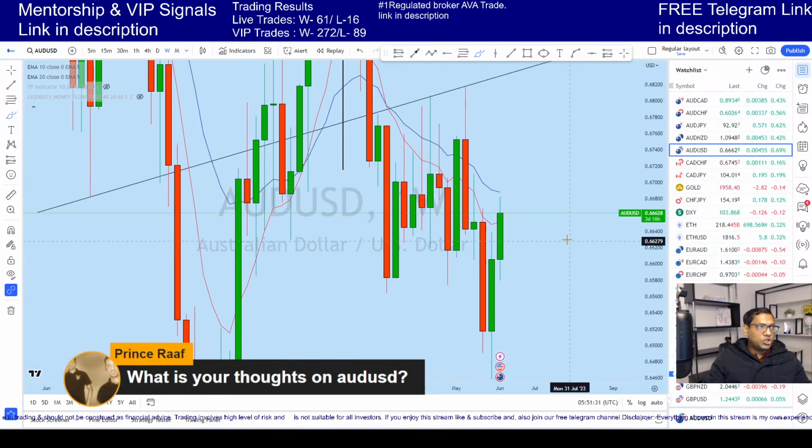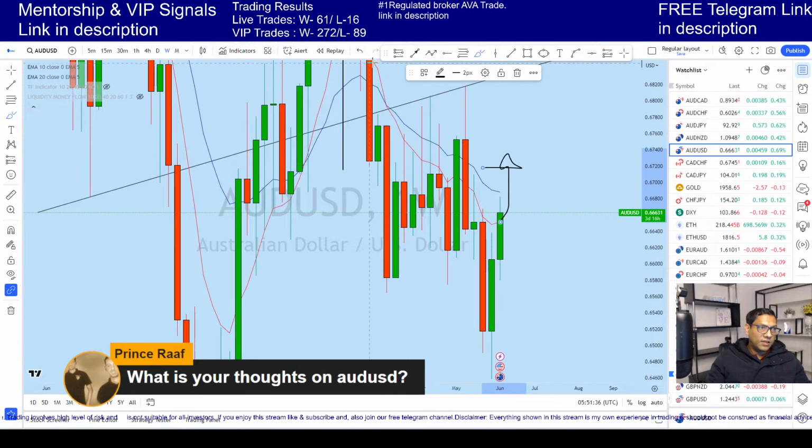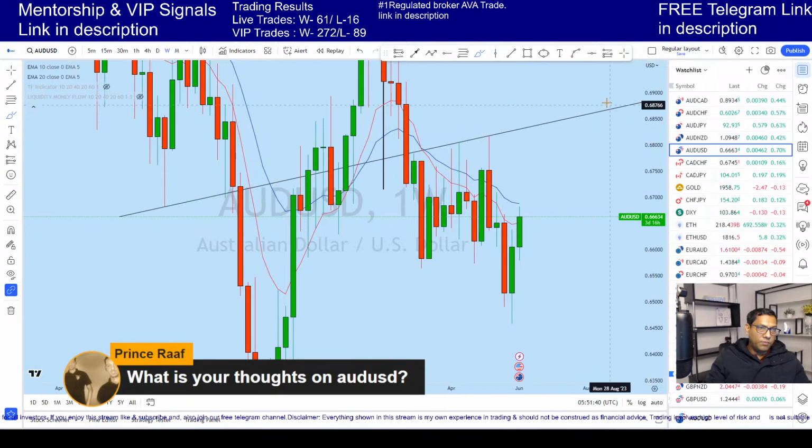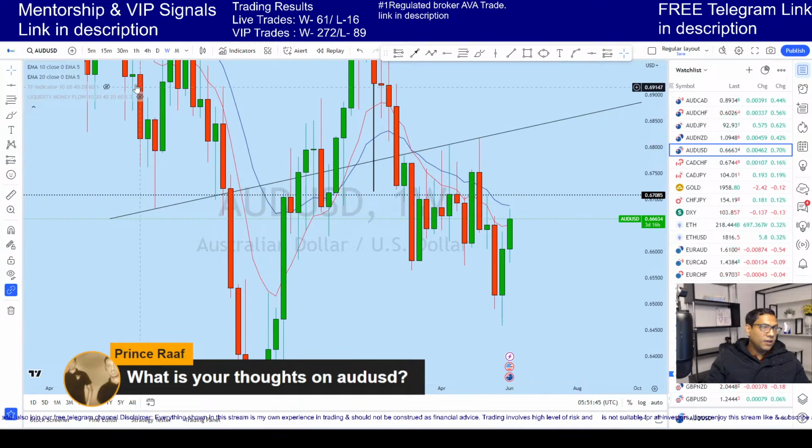With that bullish move, I think that after a little pullback, as I mentioned from the monthly, as we see the possibility to go up, I think it might break this doji's high. This is the doji's high.